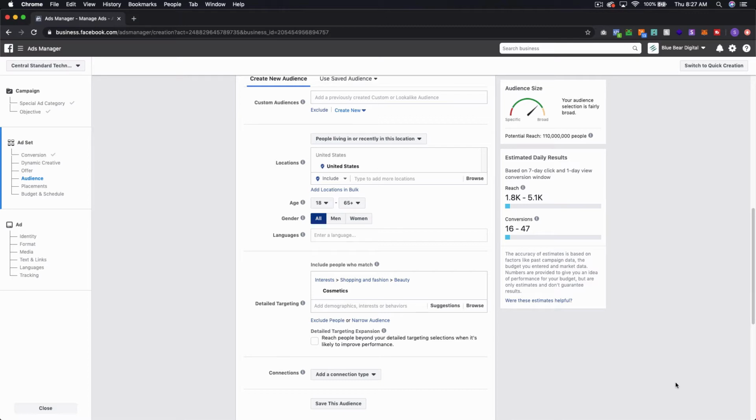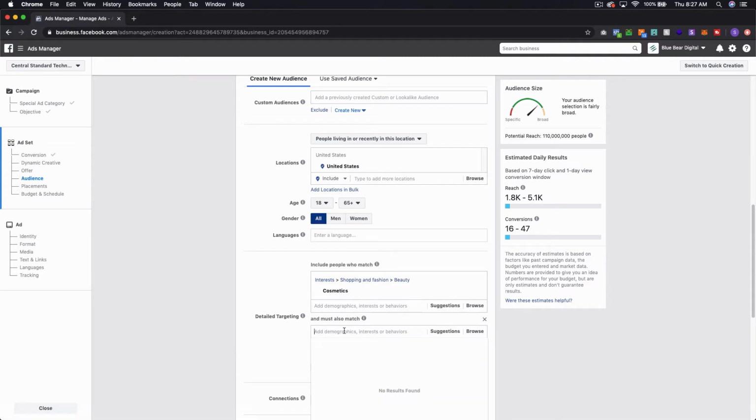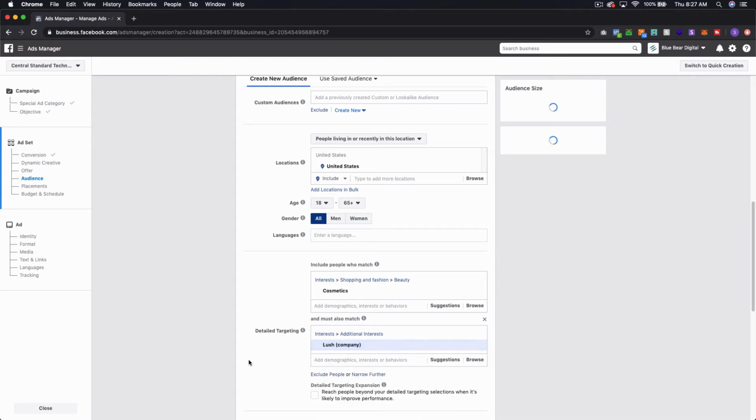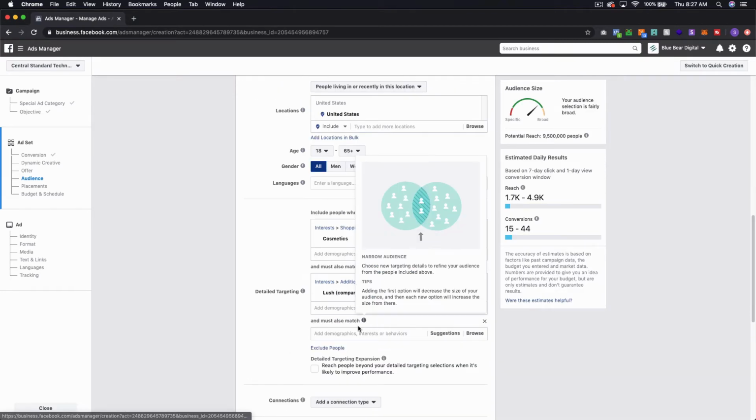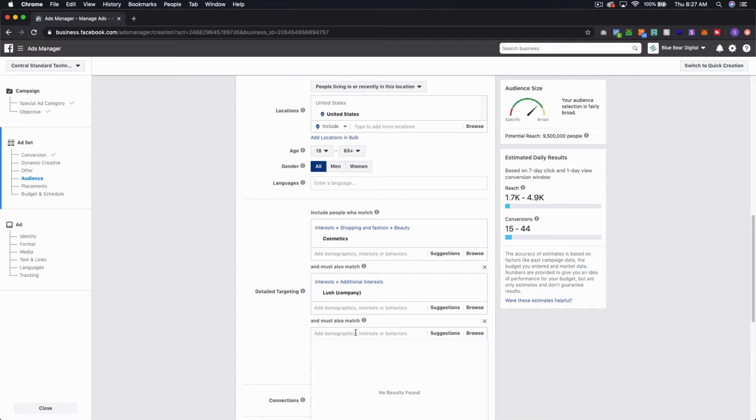So on the other end of the spectrum, you could do something like this. You could say, okay, I want to target people who like cosmetics, and people who like Lush, and people who like, I don't know, labradoodles. Is that a thing? Apparently there's 16,000 people who like labradoodles in all caps.